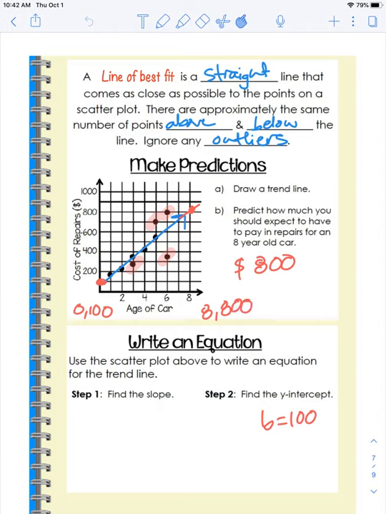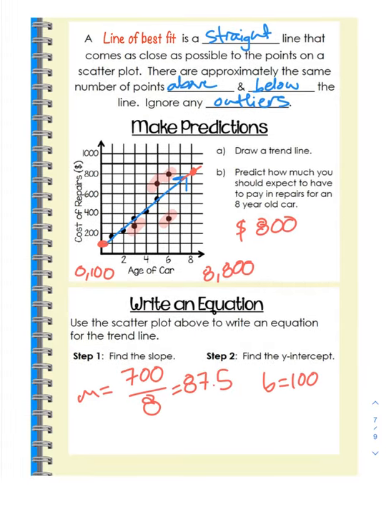So it went up 700 and over 8. So we're going to say the slope is 700 over 8, which can be simplified to 87.5. So I'm going to say my line of best fit is y equals 87.5 x plus 100.